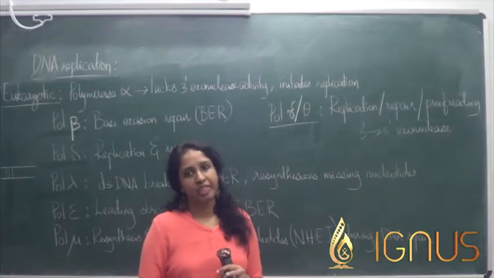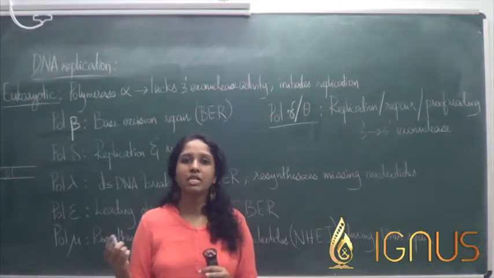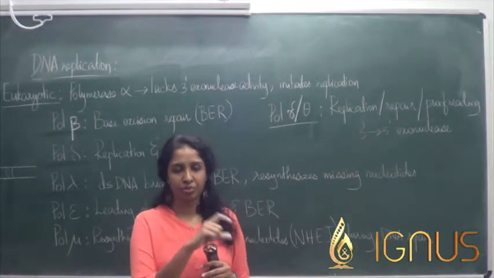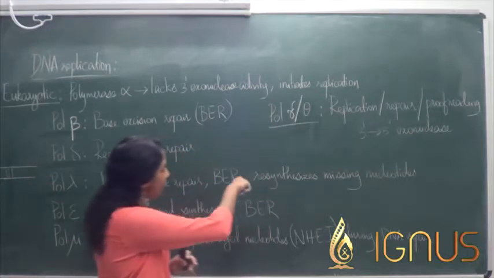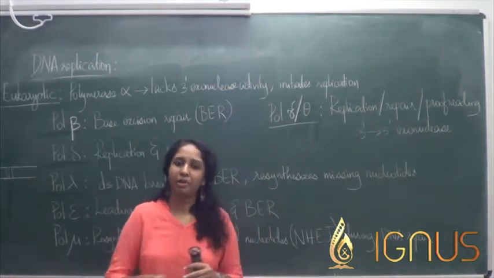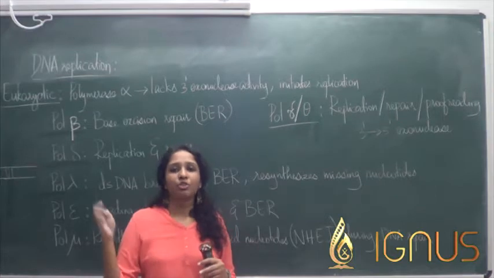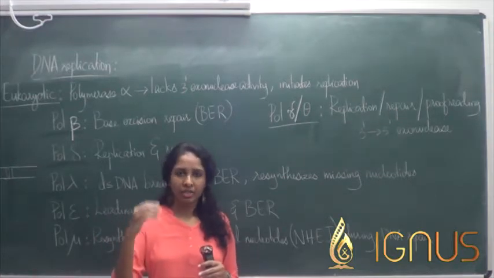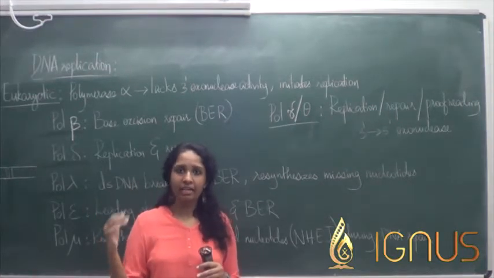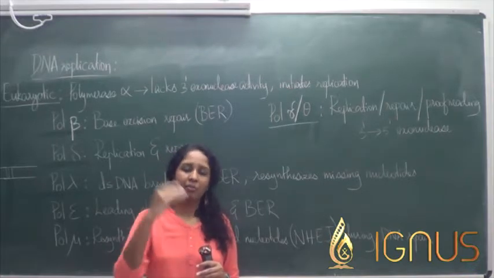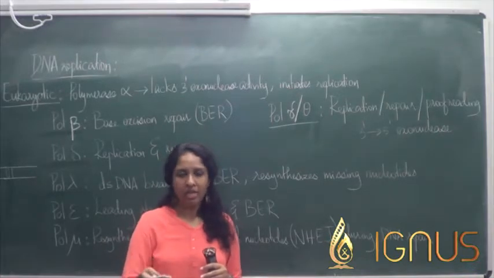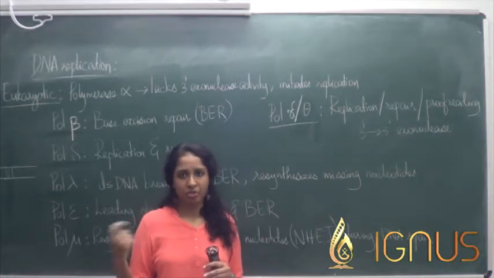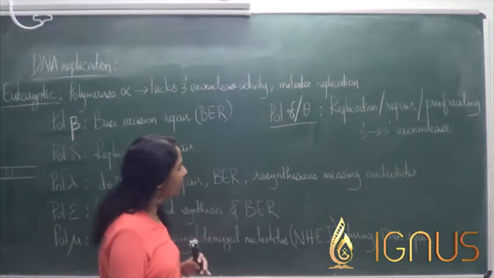They have proofreading activity, meaning that the newly synthesized strand is going to be read by polymerase gamma or by polymerase theta, and it's going to check whether or not the newly synthesized strand has the bases complementary to the template strand. And if it is not complementary to the template strand, the wrong ones are going to be removed and repaired.